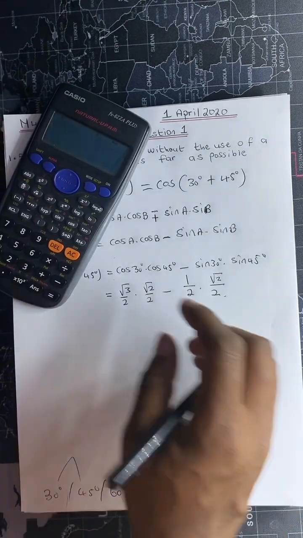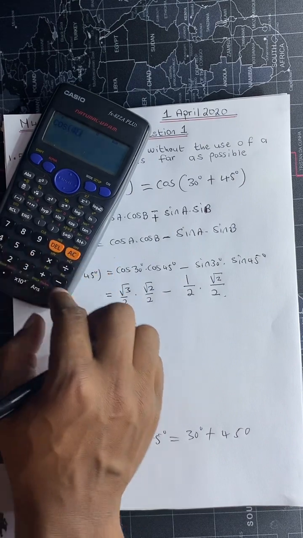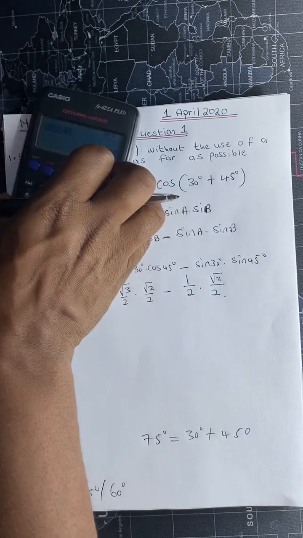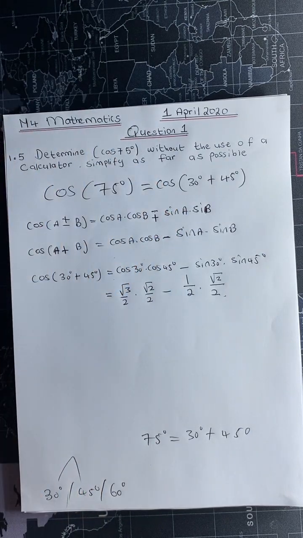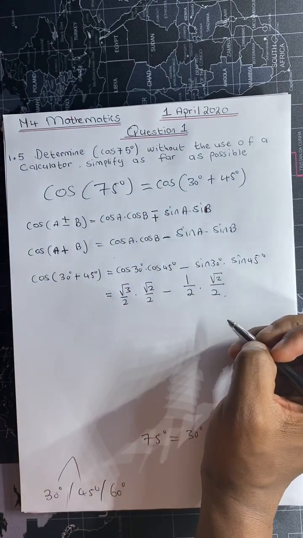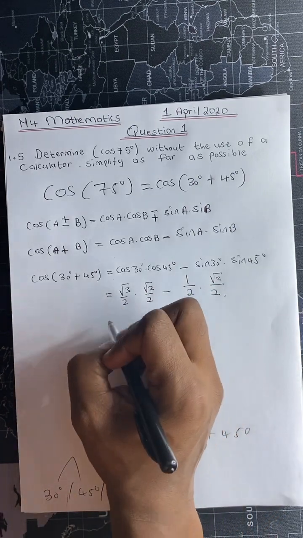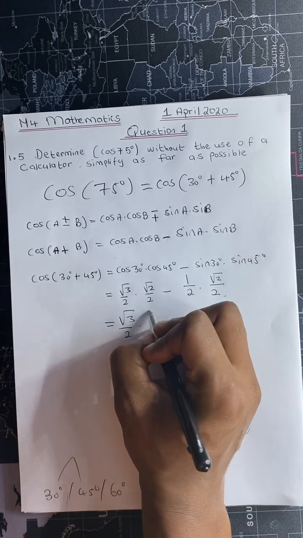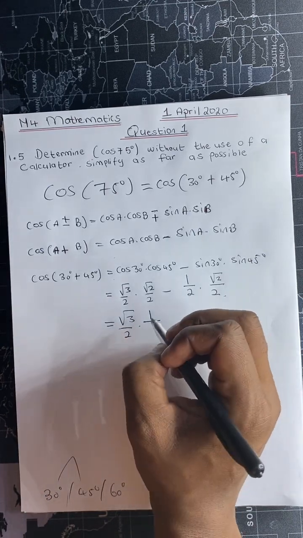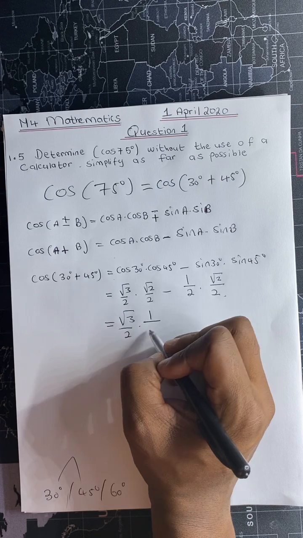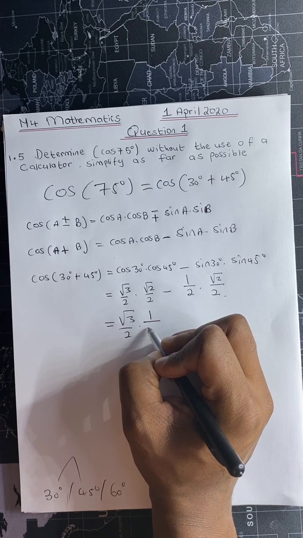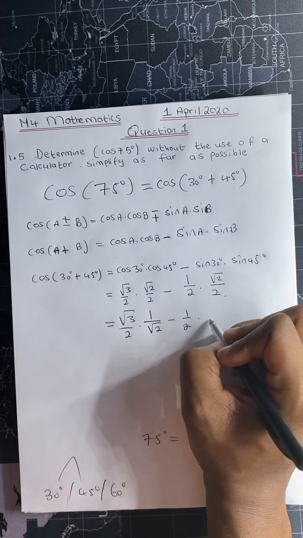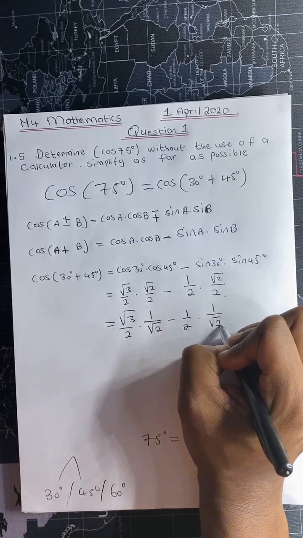So for cos 45 is equal to the square root of 2 over 2. But if you use this, they will see that you used your calculator. So if we had time, we were going to use our special angle triangles, and this was going to be 1 over the square root of 2 minus 1 over 2 multiplied by 1 over the square root of 2.